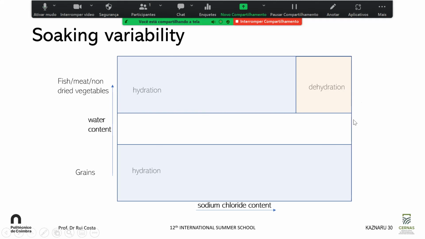So this is something for you to pay attention to if you're going to use salt solutions to soak a product. If you soak products that already have a high water content with salt solutions at a very high salt content, you will probably cause dehydration.